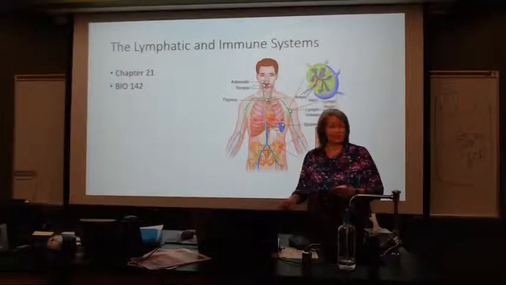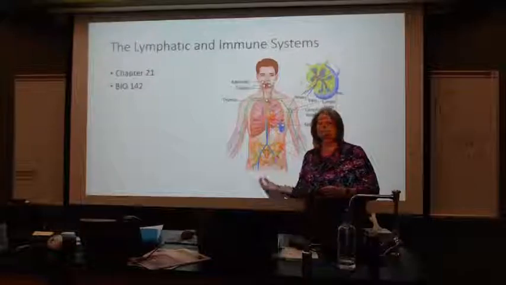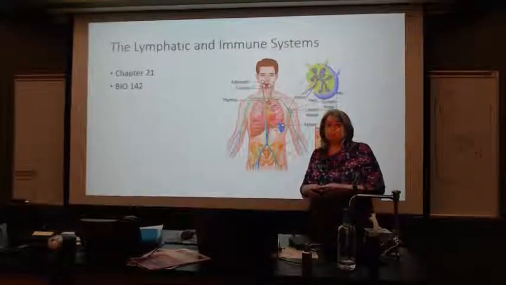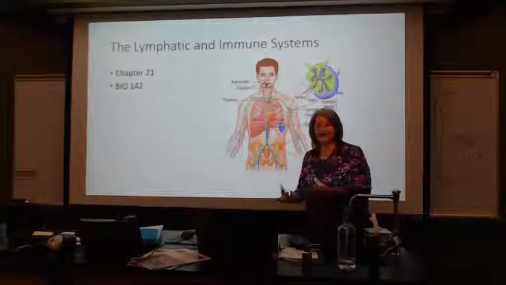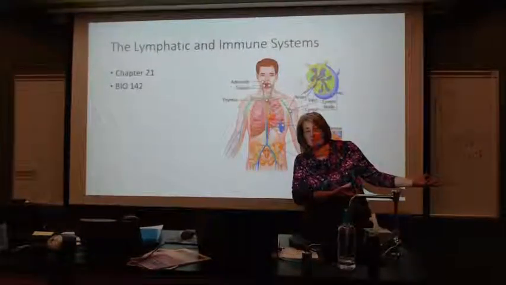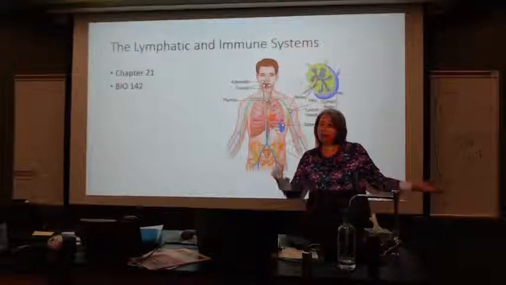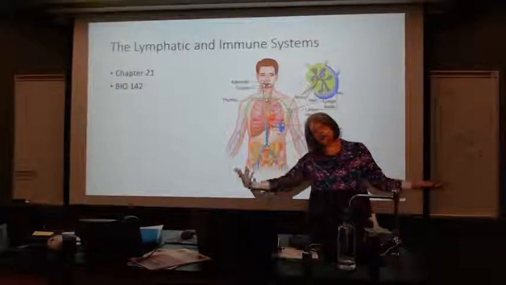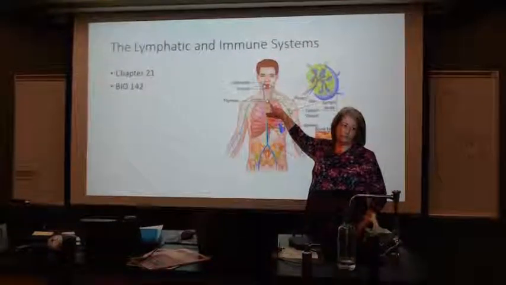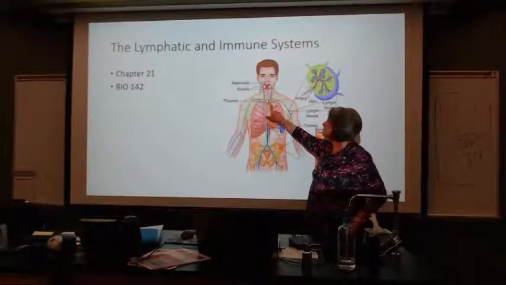You're getting the vaccines. You're being exposed to other particles and pieces that would be considered foreign. And the body wants to build up that resistance. And the thymus gland is very important for doing that, those T cells.